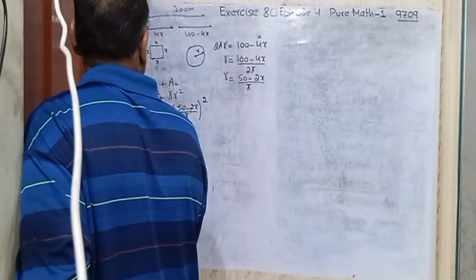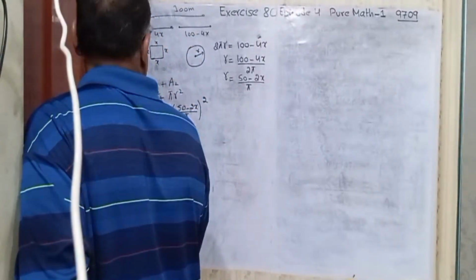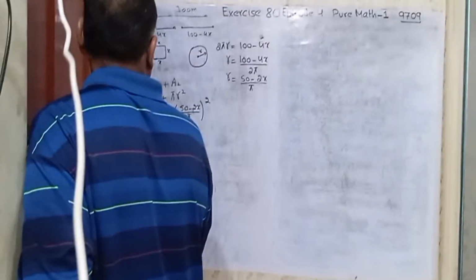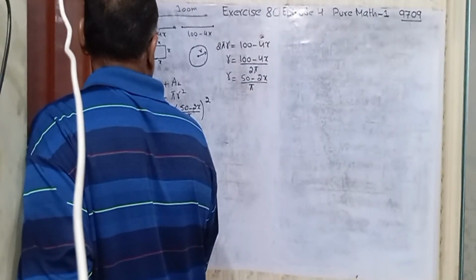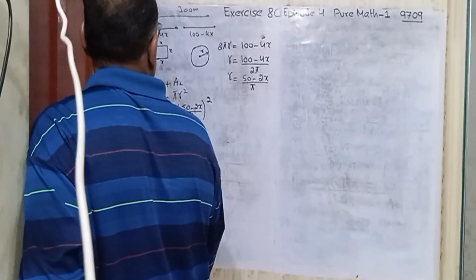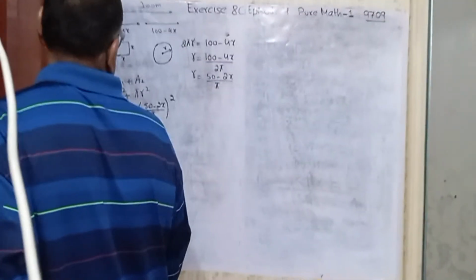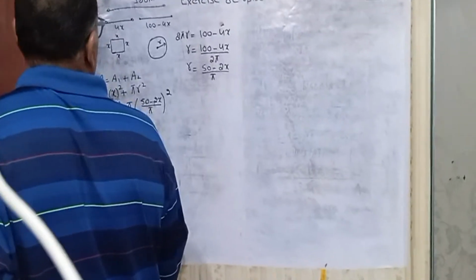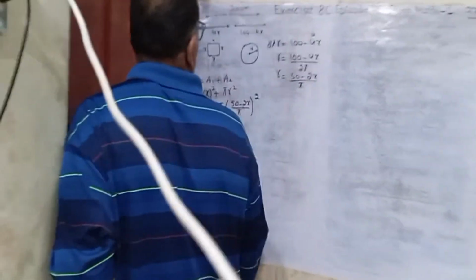So the area will be equal to x square plus, here you will have pi into this.